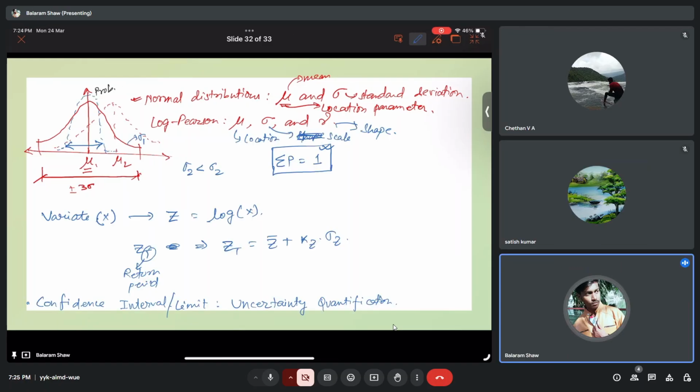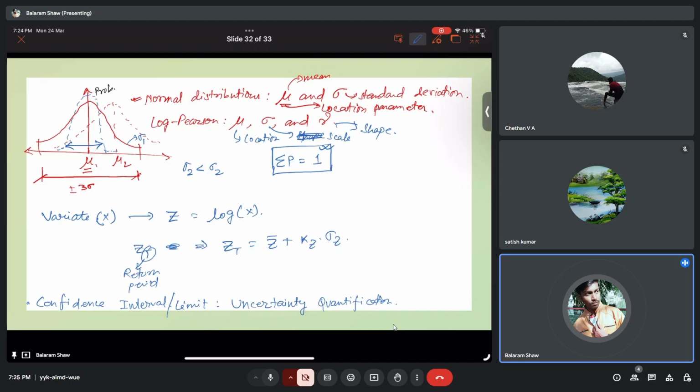So it will represent a statistical range. If we are saying the confidence limit is some value, then it will represent a statistical range around estimated flood quantities, expressing the uncertainty associated with these predictions. If we just say the return period magnitude will be this much, let's say 100 meter cube per second, that is just a deterministic value, right?